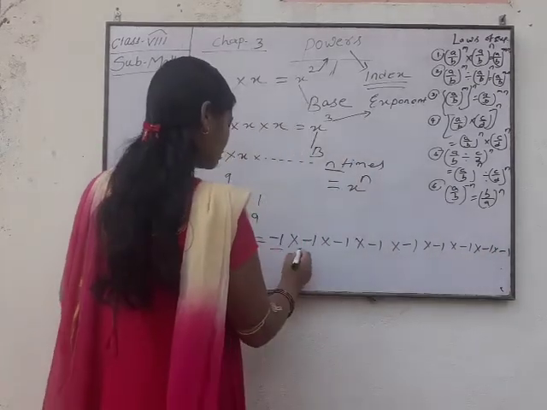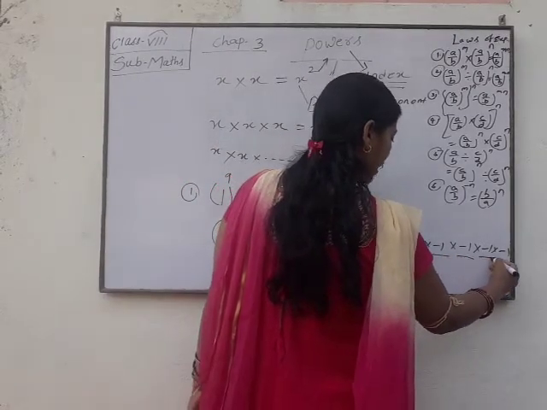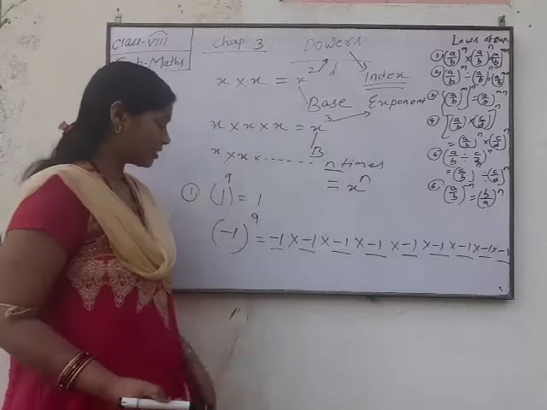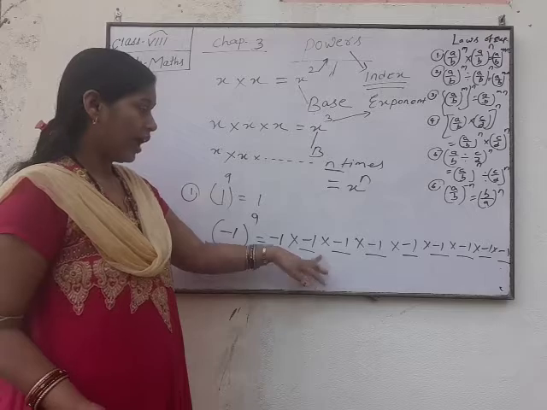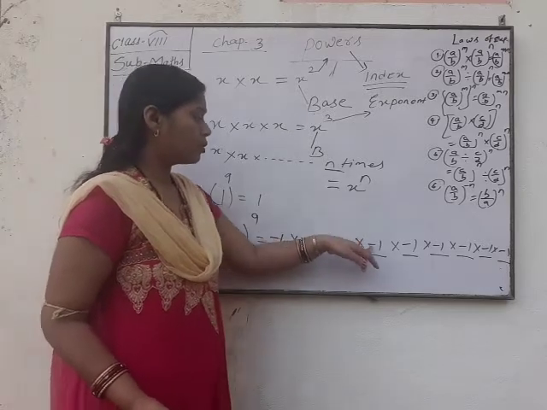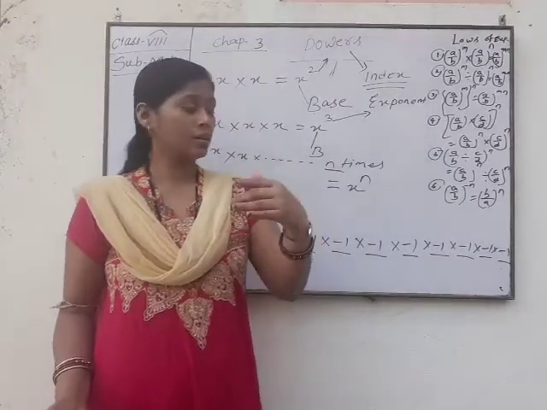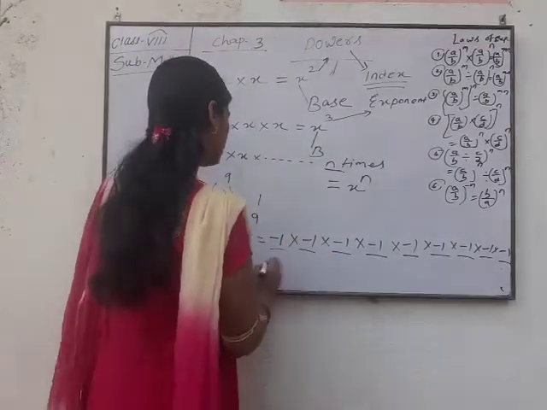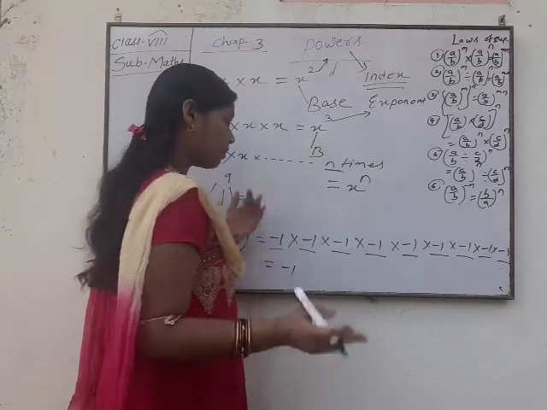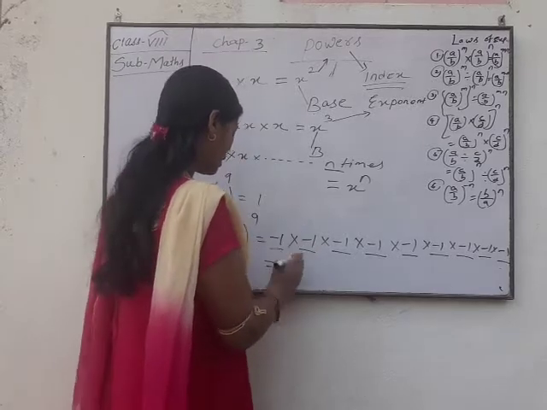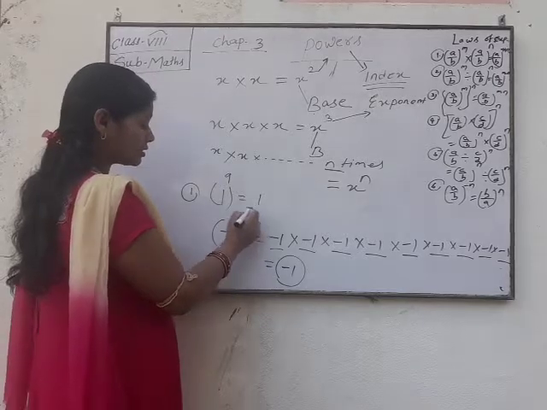There are 9 minus signs. If you multiply minus 1 nine times, your result is minus, and the 1 multiplied with 1 is 1. So the result is minus 1. Here the power is 9.